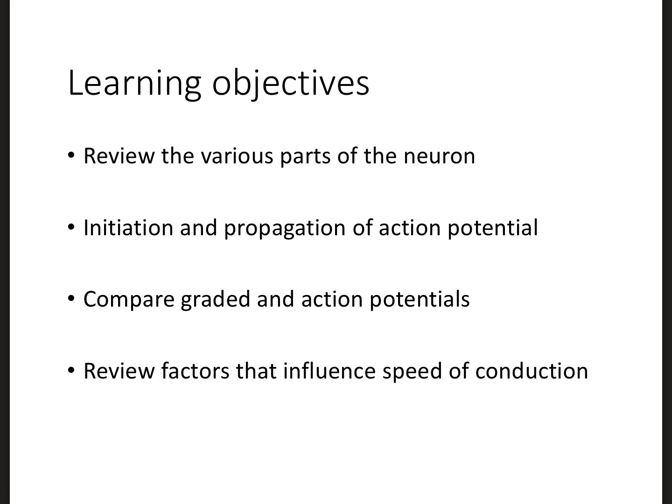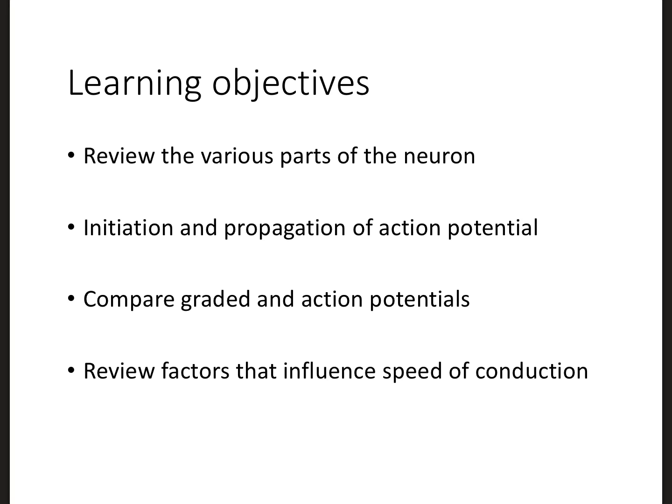And then we'll go over how different factors influence the speed of conduction. Neurons don't propagate an action potential at the same rate. They can go faster or slower depending upon what type of neuron it is and some of its characteristics. We'll talk about those today.